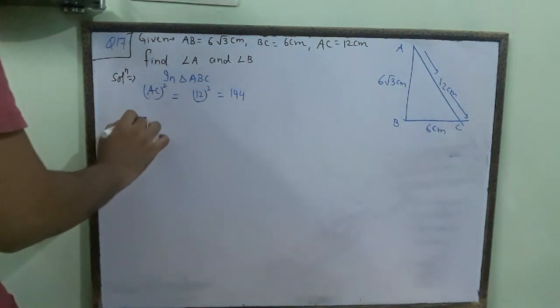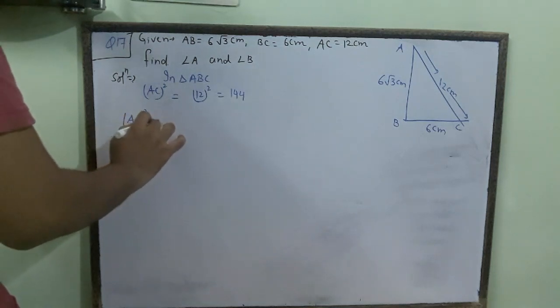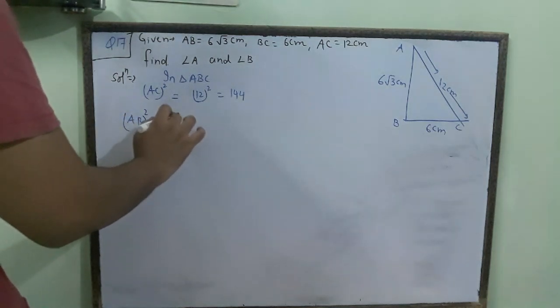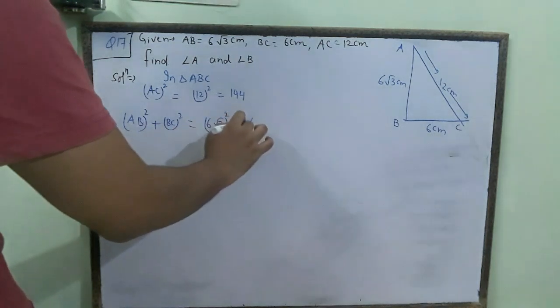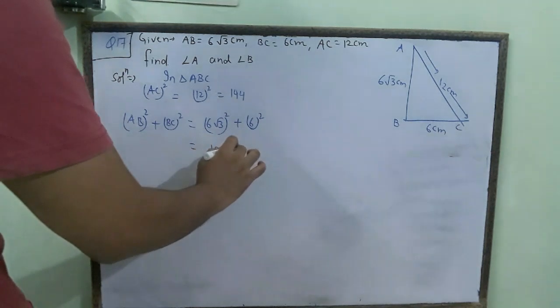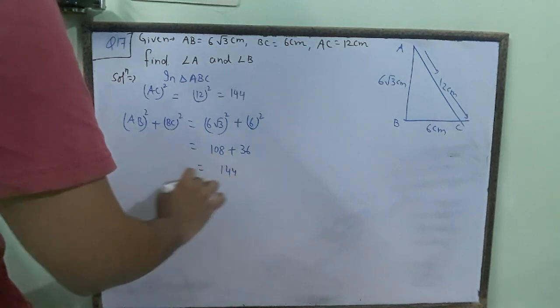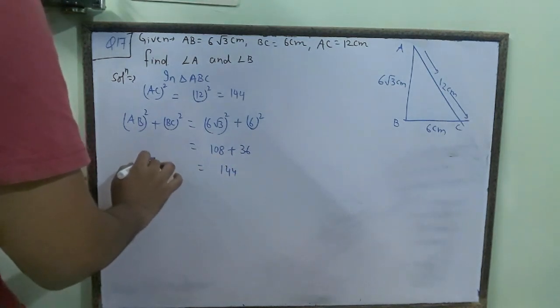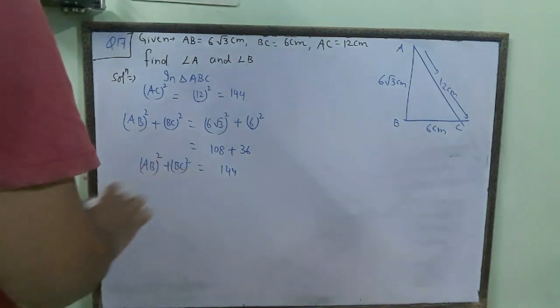Now AB square plus BC square, that is equal to 6 root 3 whole square plus 6 square. 6 root 3 whole square will be 108, 6 square will be 36. 108 plus 36, 144. So this is AB square plus BC square.